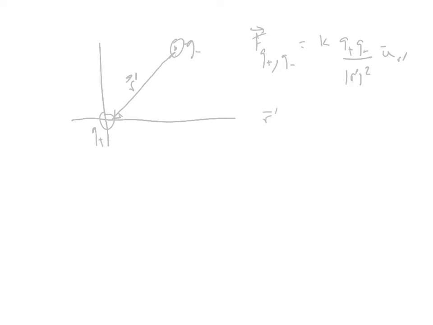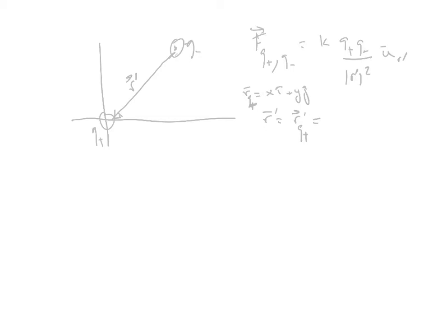Because we knew that R, from the first case, was xi R of Q positive, Q negative, will be xi plus yj. Now we want to look at R prime. It means R prime, the position of Q plus, due to from the source, from Q minus. So what is R prime?